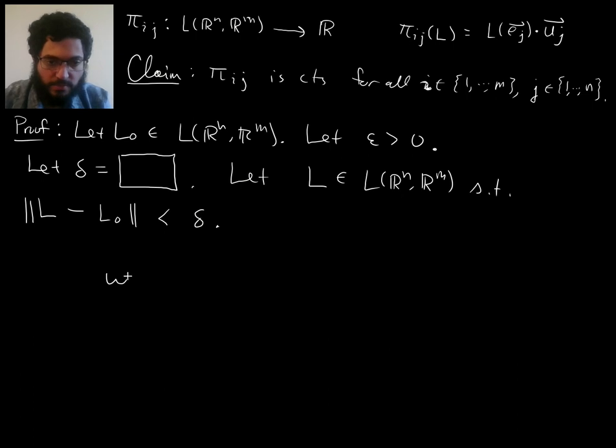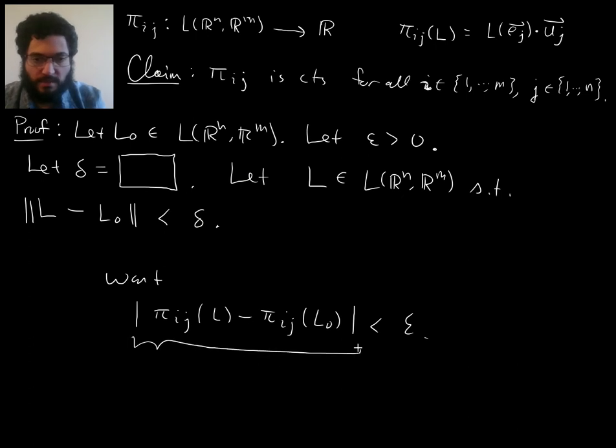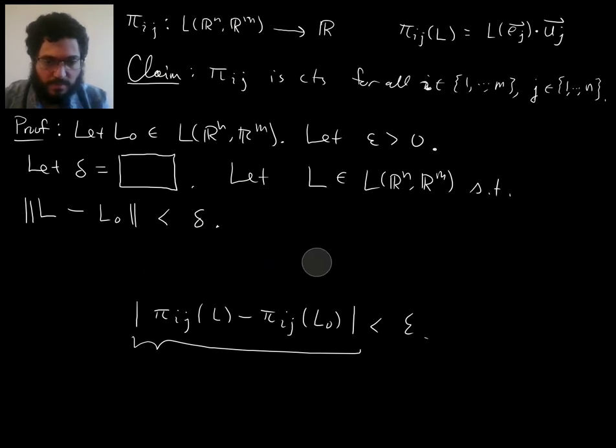then let me do some scratch work here. What we want is that the distance between these two real numbers, so this is an absolute value symbol here, to be less than epsilon. So let me just analyze this quickly in scratch work mode. Actually, I think I can just write it into the proof.